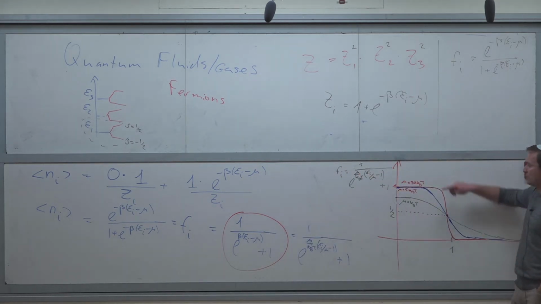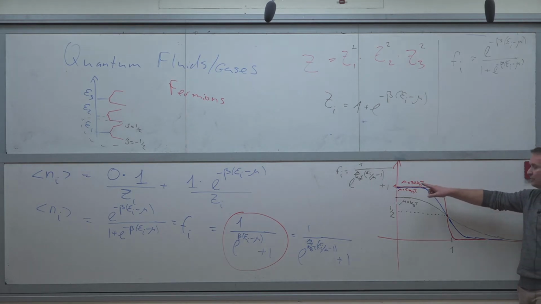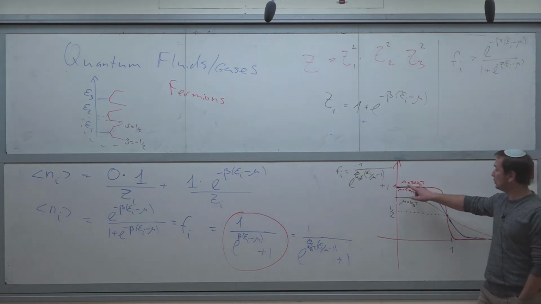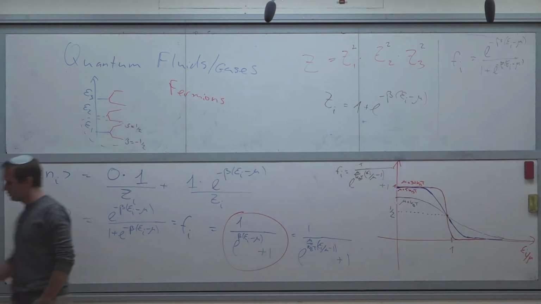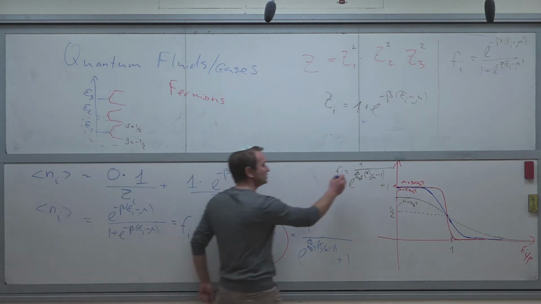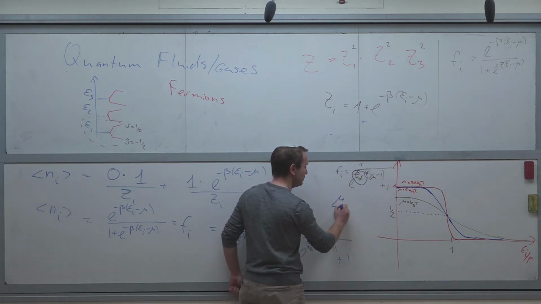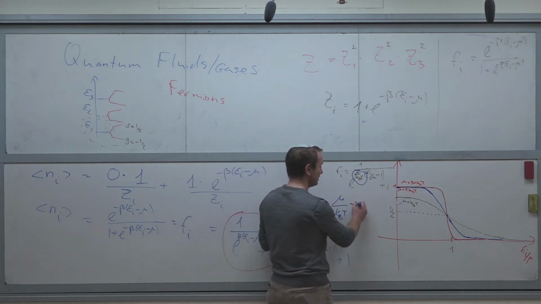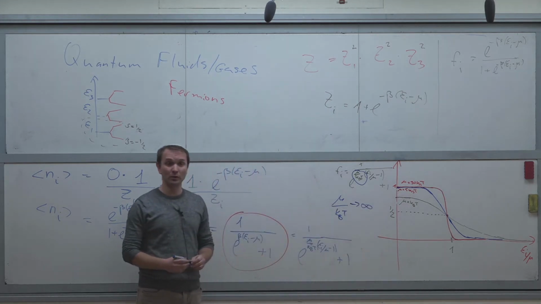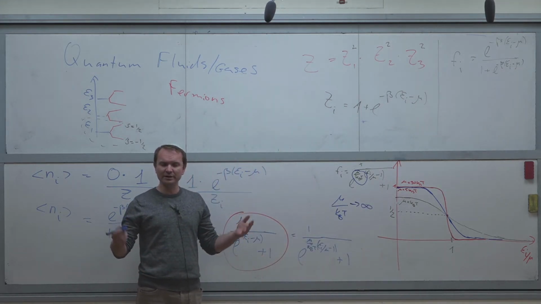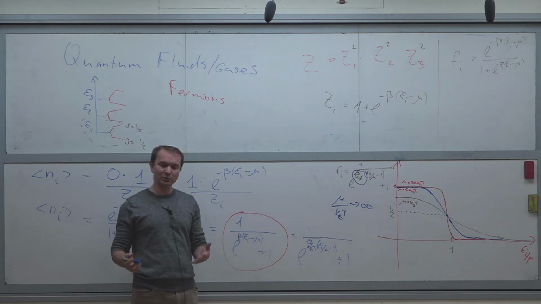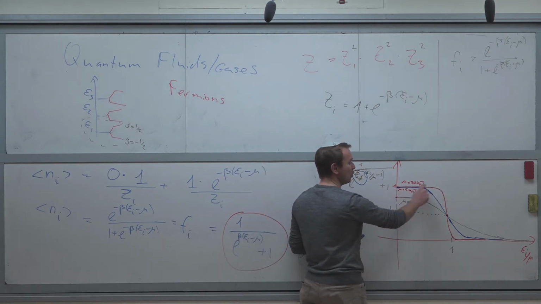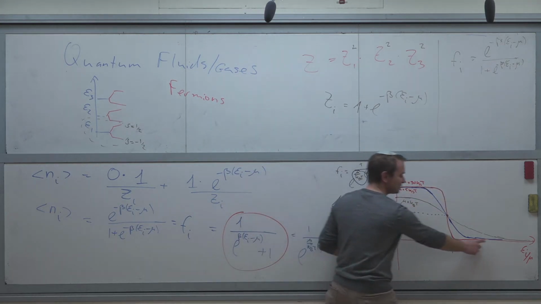And what is important is not actually mu, but mu divided by k Boltzmann T. When mu divided by k Boltzmann T goes to infinity, either because we have a very, very large mu, or a very small temperature, we obtain this step function, 1 up until mu and 0 afterwards.